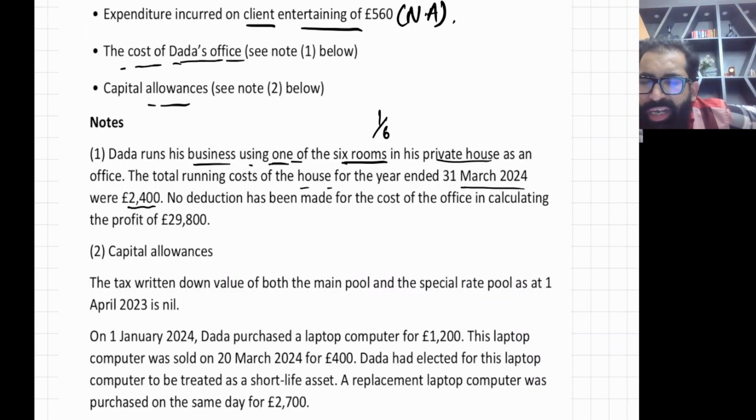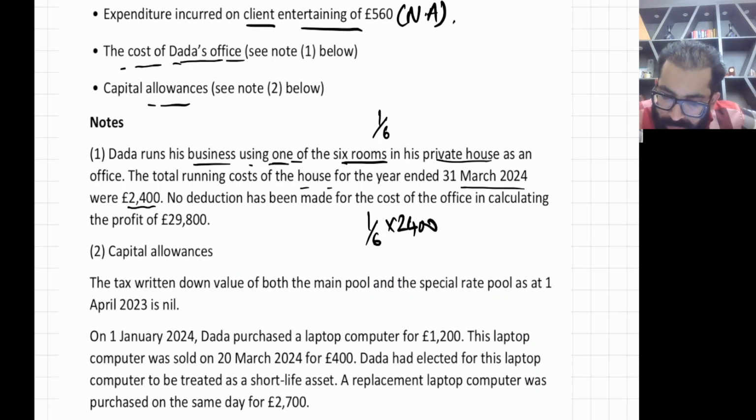There are 6 rooms, out of which one room is used for business and 5 rooms for private. So how much is the business amount? 1/6 into 2400, sorry, 400. 400 is your allowed expense.